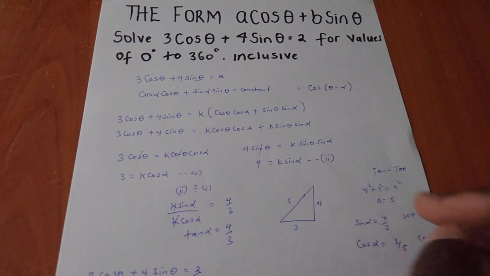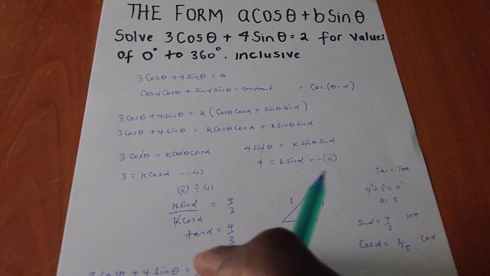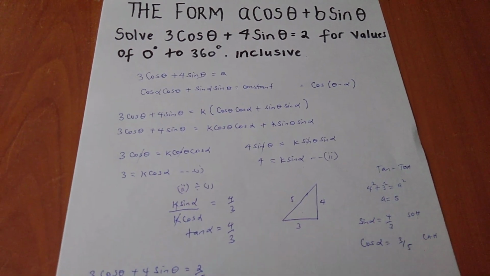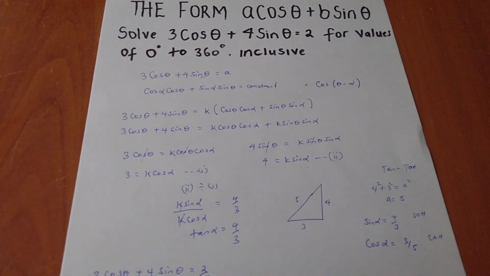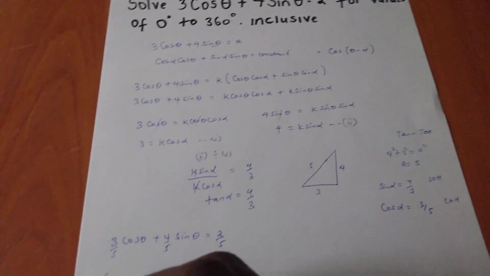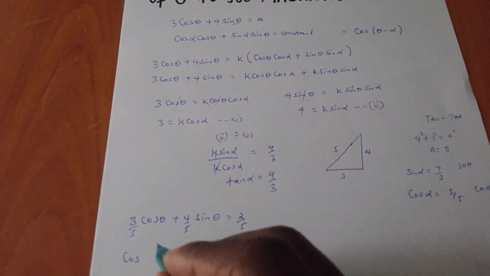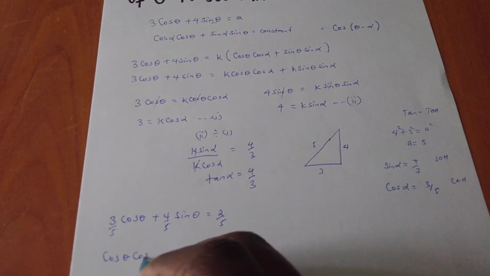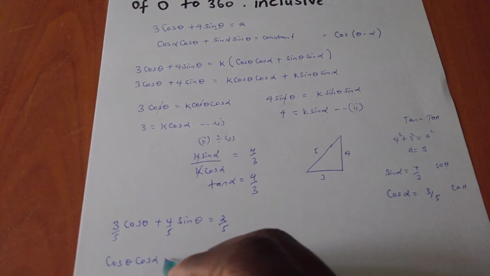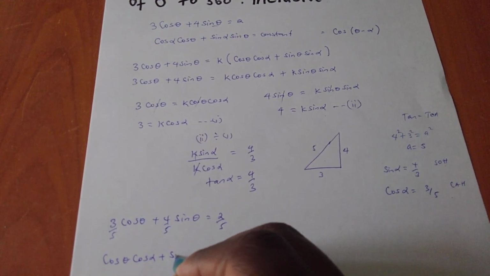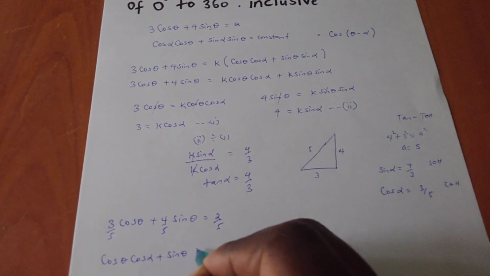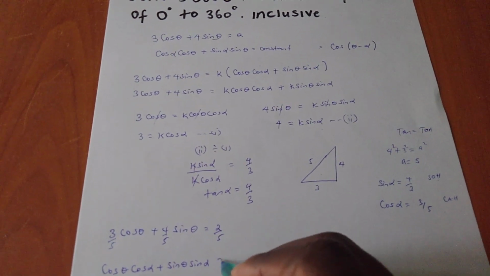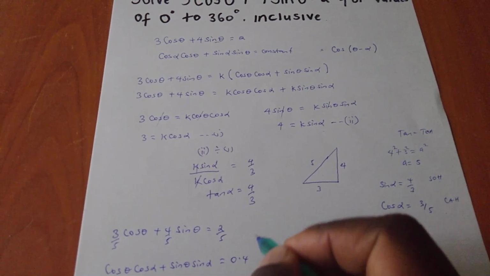After dividing, this will turn out to be 0.4, and this will be in the form of cos theta cos alpha plus sine theta sine alpha, which will be equal to 0.4.